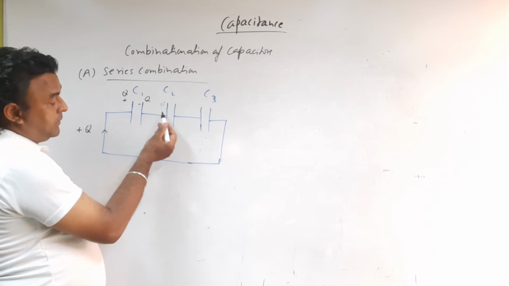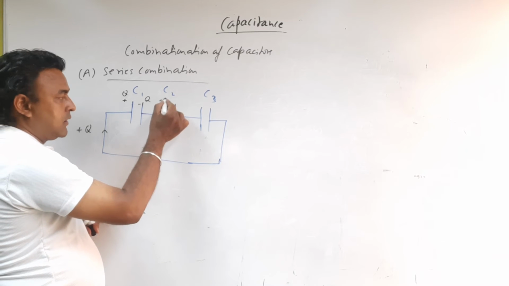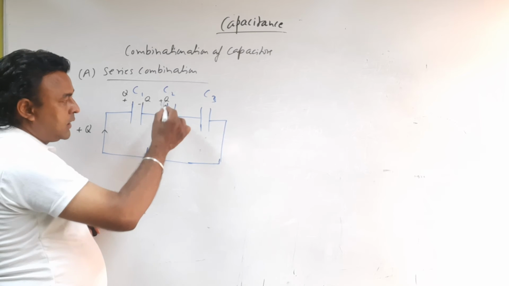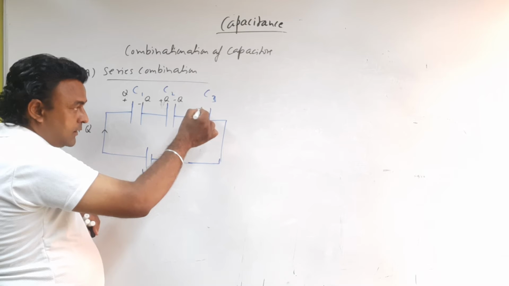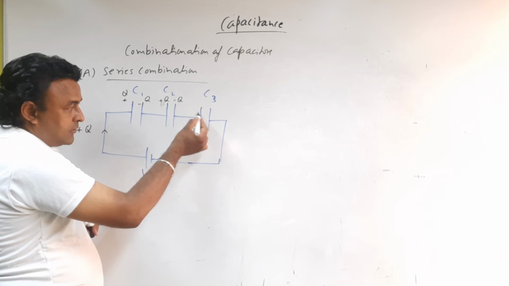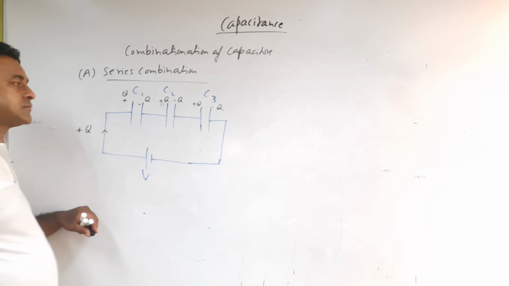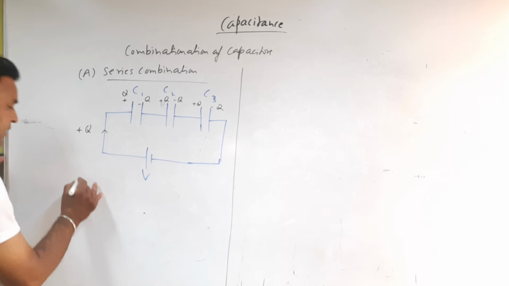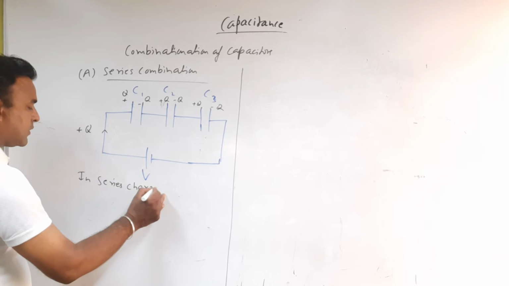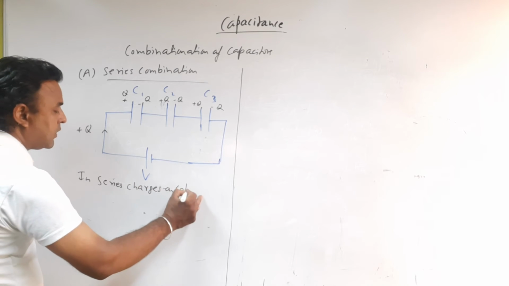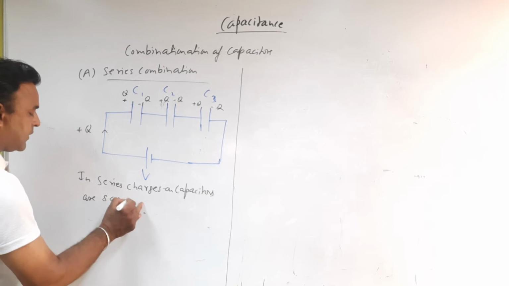If minus Q appears here, electrons are coming from this plate to this, then here it will be plus Q, and just opposite it again an induced charge minus Q, and again this minus Q comes from electrons from this plate to this, it becomes plus Q, and lastly it is minus Q. So in series, the charges on the capacitors are the same. First thing.